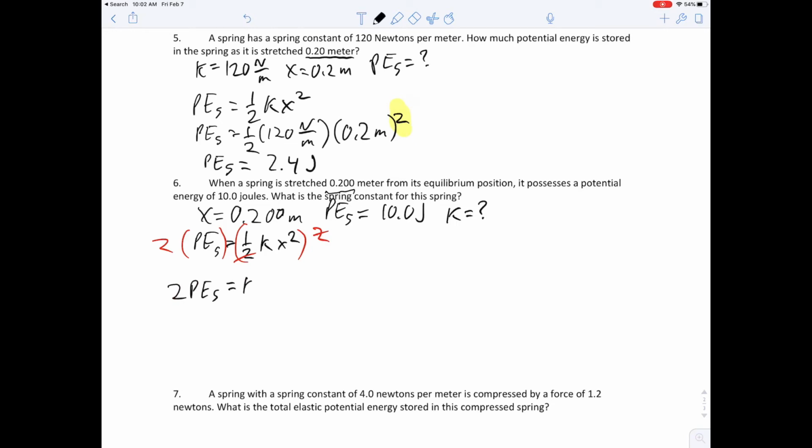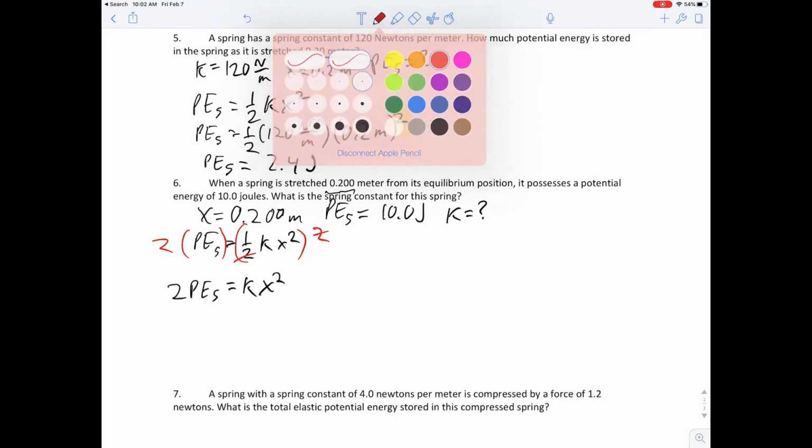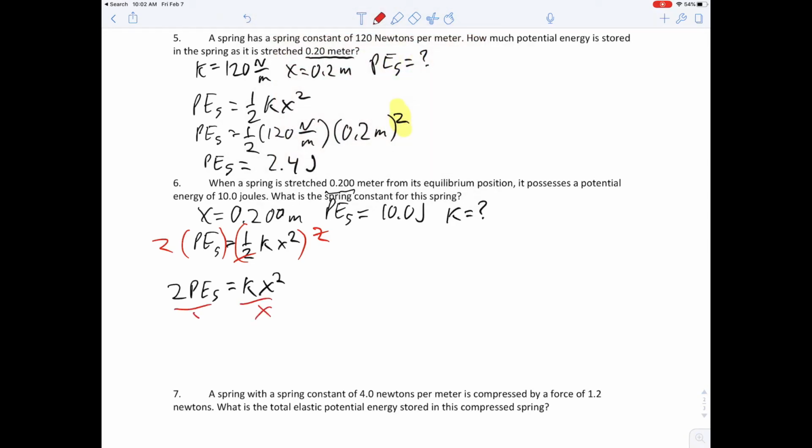Just to be clear, 2 times the potential energy of the spring, now I have kx squared. Now I need to divide by x squared on both sides. And we are happy. We got K equals 2 times the potential energy of the spring all over x squared.